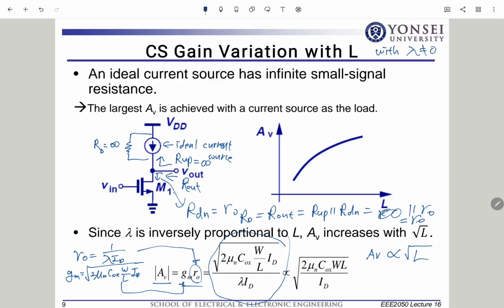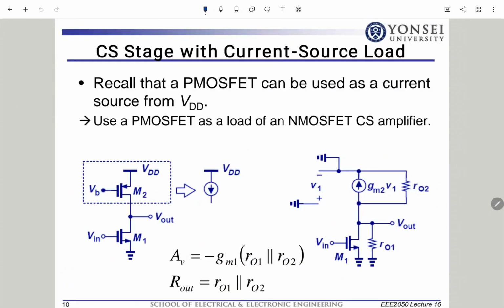Now, let's move on. So here, I am showing you the CS stage with current source load. Okay, current source load. So here, let us take a look at this circuit from the M1 point of view. Then, what is this? Impedance, or source resistance.